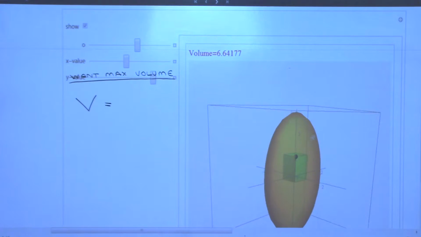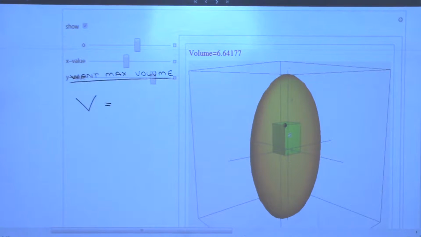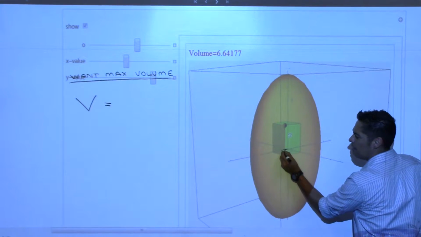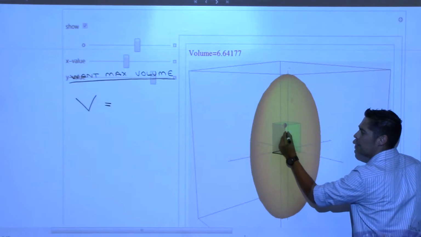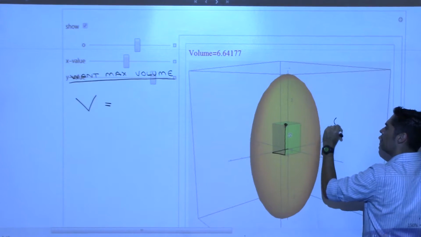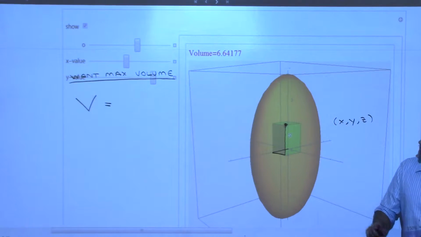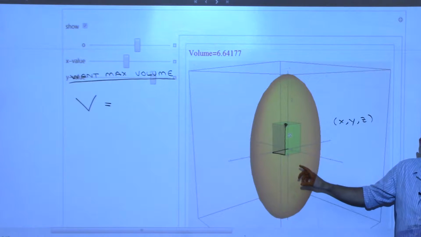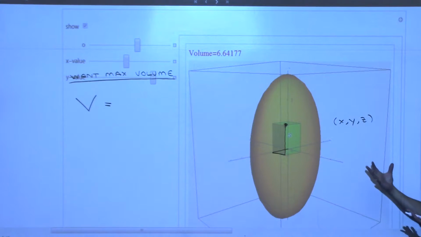That's in the first octant, isn't it? That point has the coordinates. You start at the origin, you go out x, right? You go out y, you go up z. That has the coordinates x, y, z. So if you say the volume is x times y times z, it's going to give you the volume of that box. Is that what we're talking about? Is that the box we're talking about?